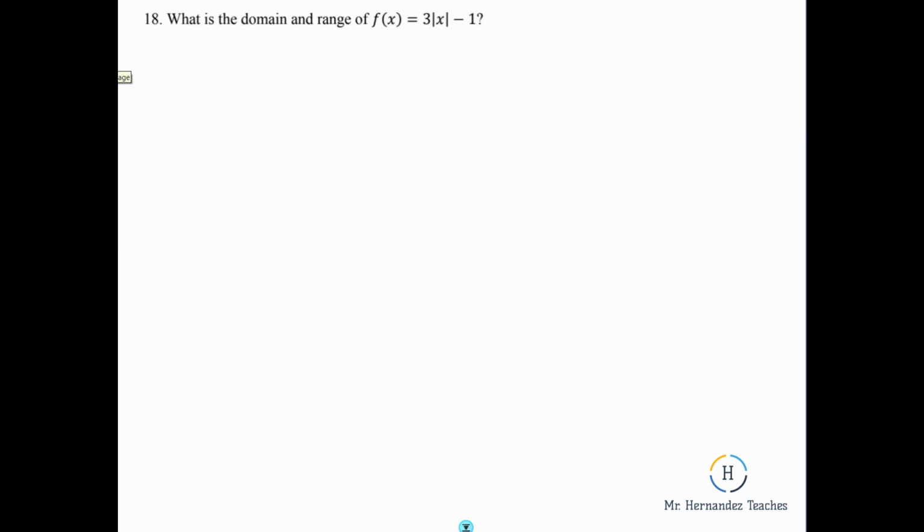What is the domain and range of this function? Oh, well, this is a transformation. It's not directly stated, but it is a transformation question. And I know that this function is doing something like that, where this is 0, negative 1. So my domain is all real numbers, or negative infinity to positive infinity.